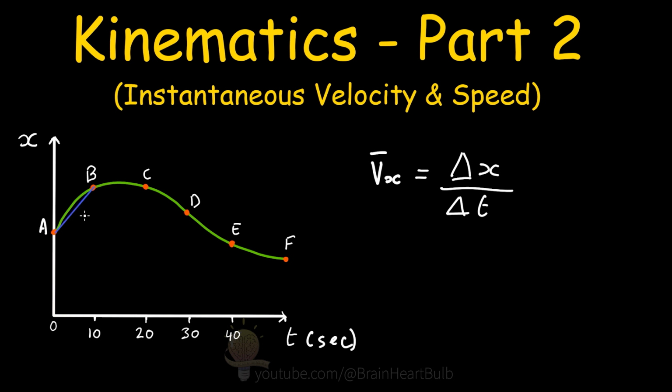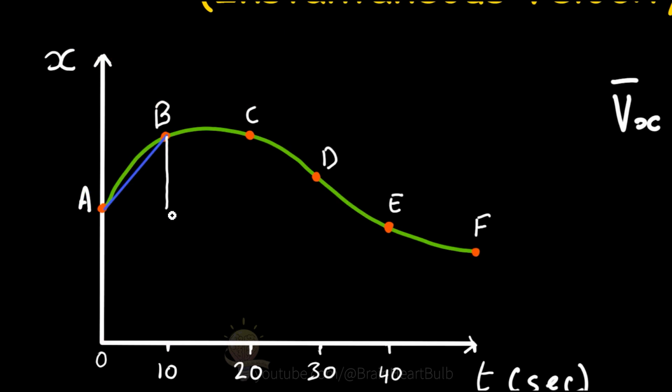And this gradient here will represent the average velocity between points A and B. But you notice that this isn't actually all that precise, because close to point A, we've got a steeper gradient here, so the velocity is going to be greater. And likewise, close to point B, we've got a shallower gradient, so our velocity is going to be less than the average velocity.